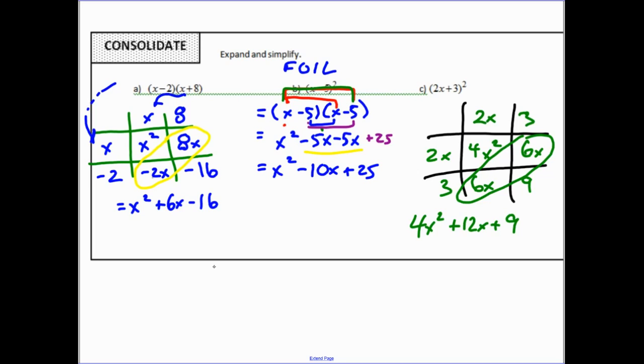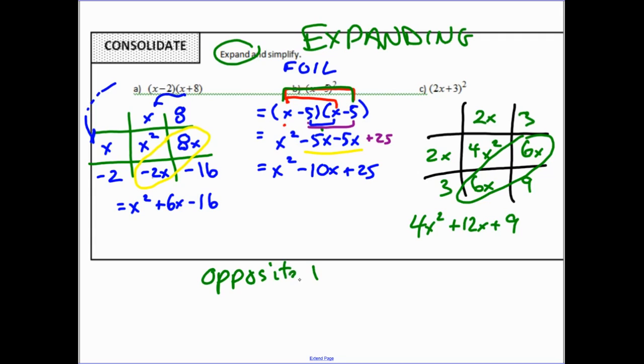Now, the opposite to expanding, so this is expanding, the opposite to expanding is to factor.